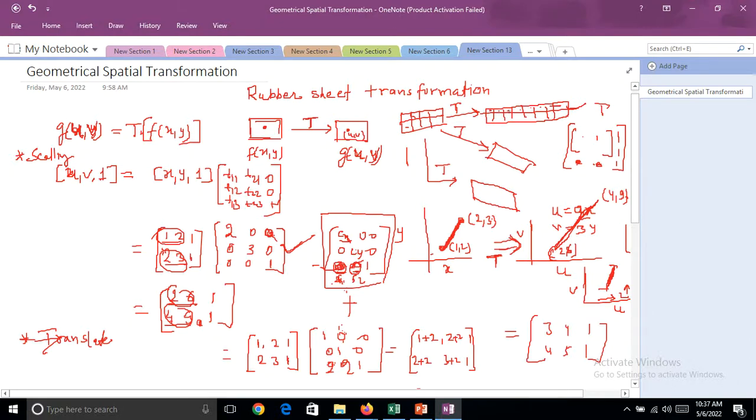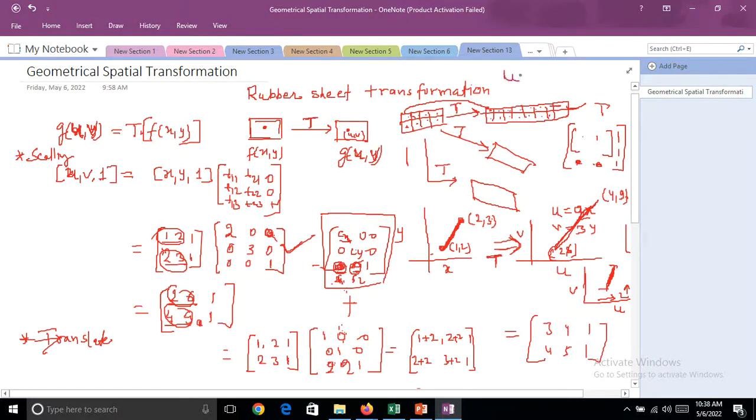So how to fill the pixel values? These 4 pixel values we already have, but here 4 new pixel positions are created. So how to map the intensity values?